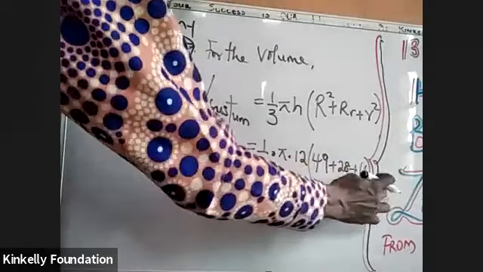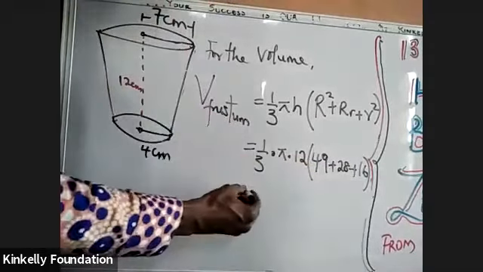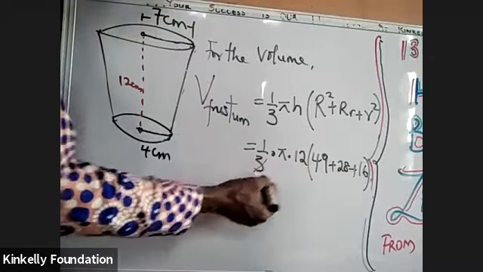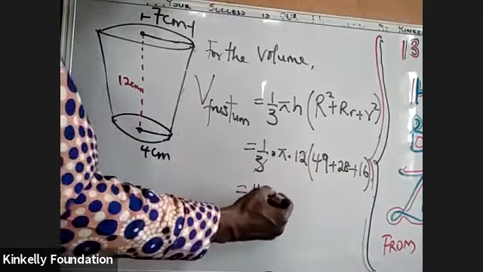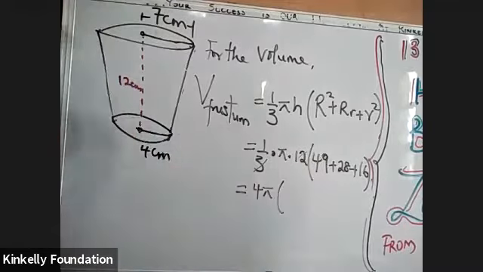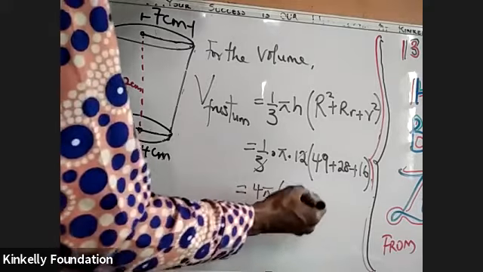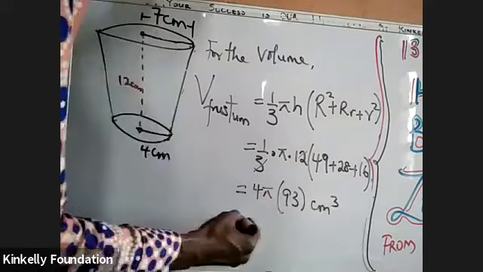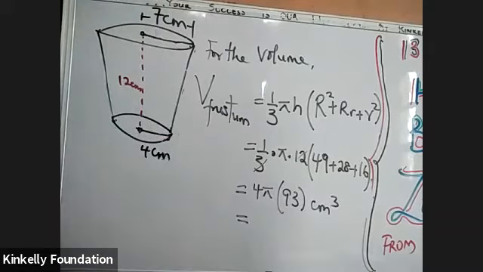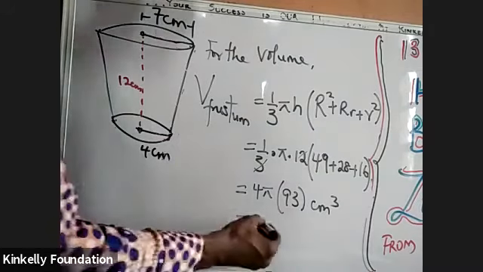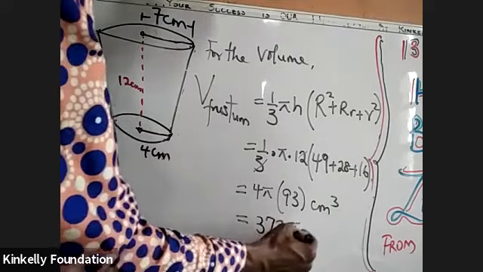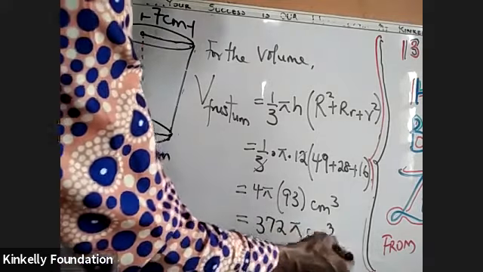Remember that this is in cm cube. This takes care of this to give us 4 pi times (49 plus 28 plus 16), which gives us 93. Remember, in cm cube. So 4 times 93 will give us 372 pi in cm cube.